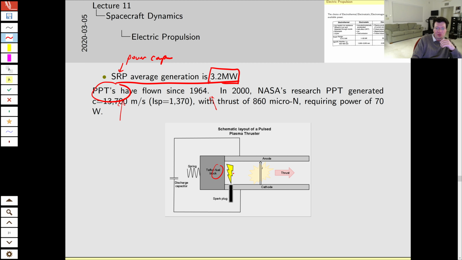You spark it to create plasma, that's ionized particles, so you get positively charged and negatively charged particles. That capacitor is discharged, right? It creates a very high current in this direction.